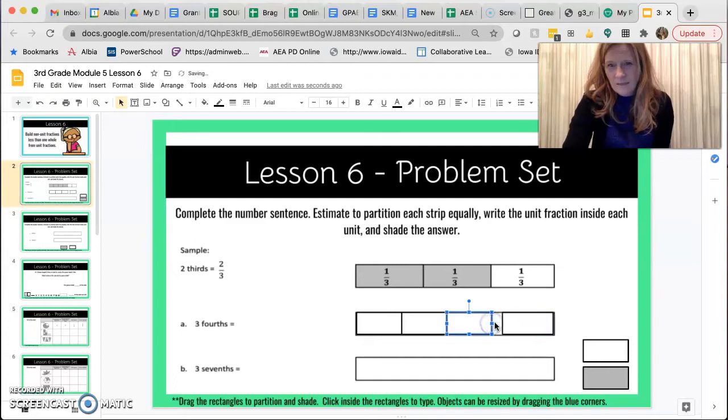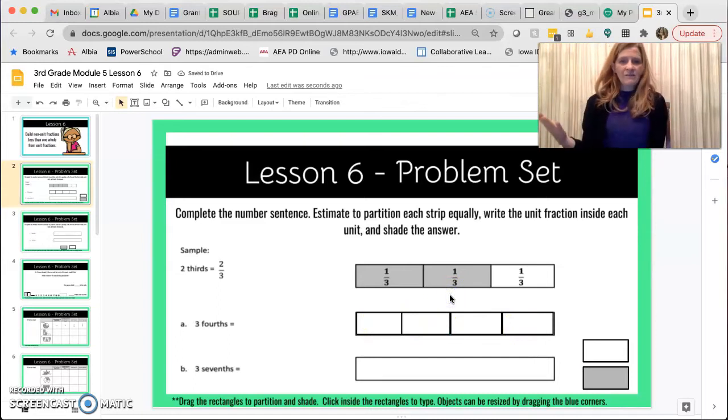Each box has to be just a smidge bigger to fill that in. So that's a little bit trickier, right, than just the thirds, but you can see that I've tried to make fourths there. I've filled in my entire fraction bar. There's nothing left over on the edges because I've made them a little bit bigger.